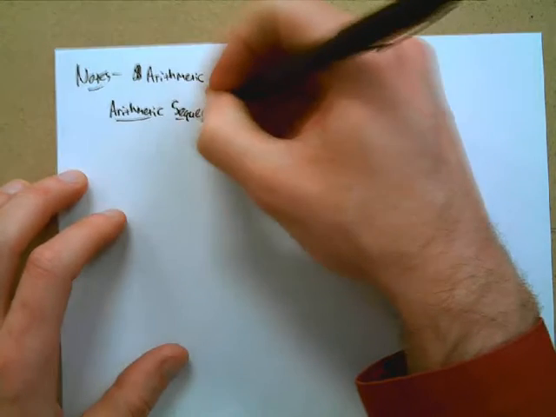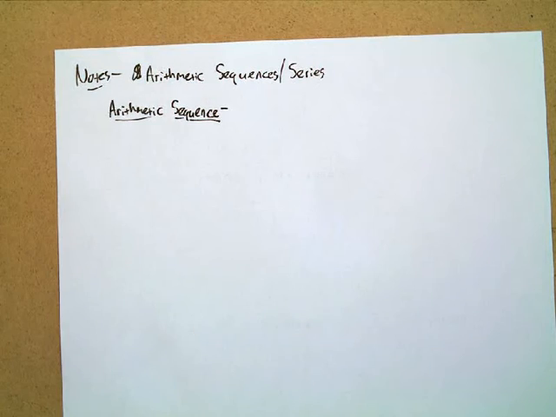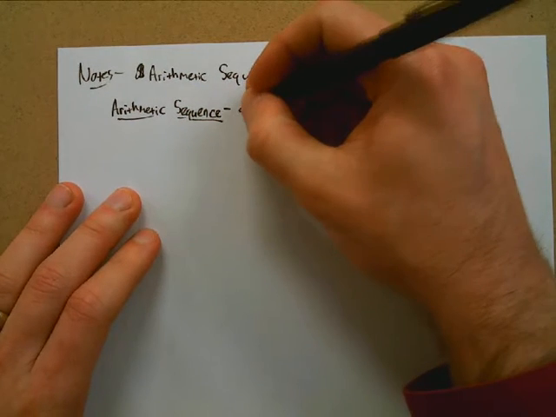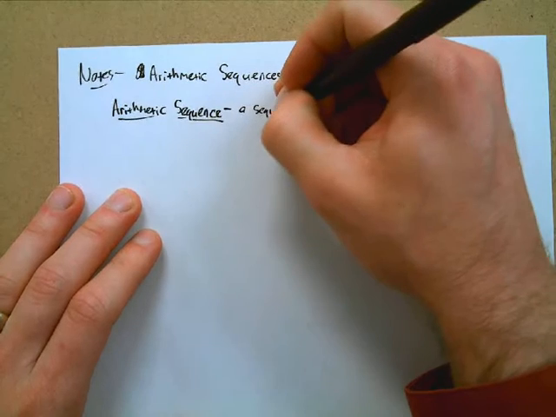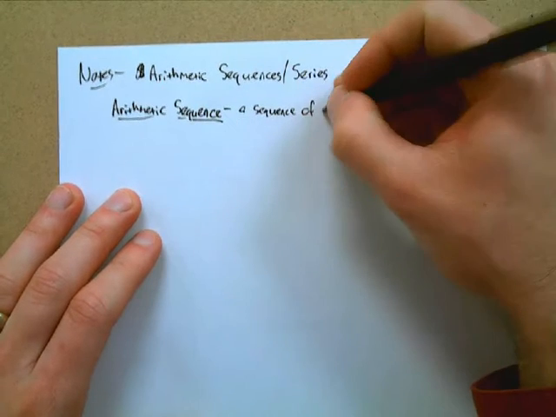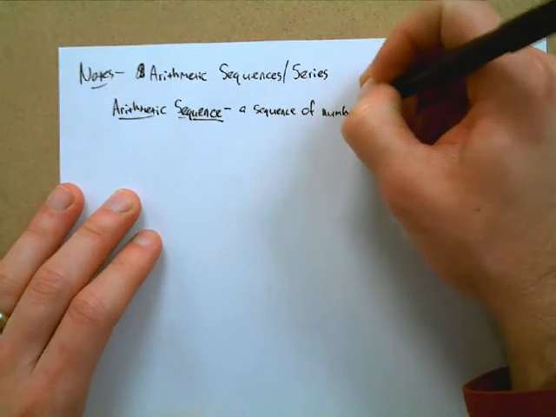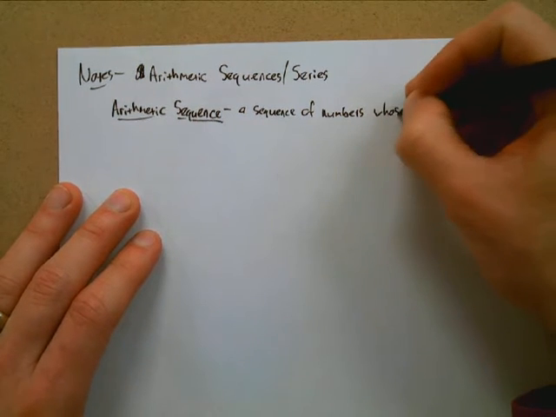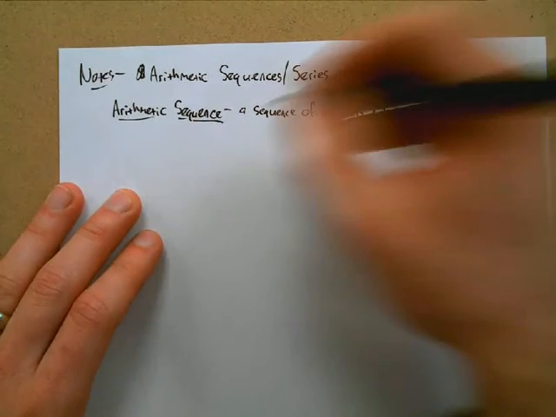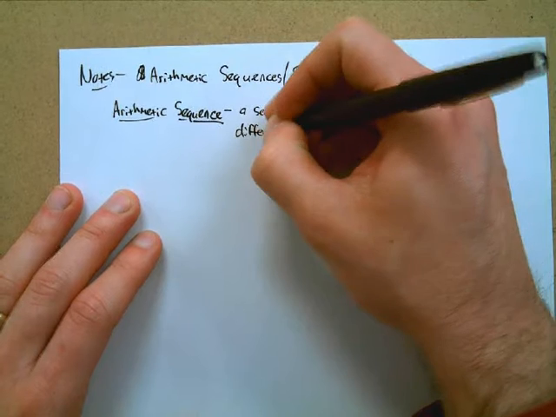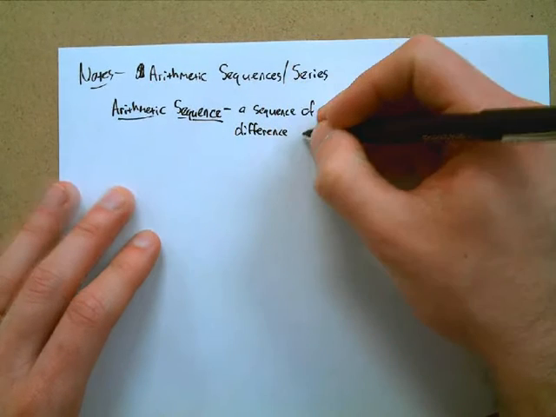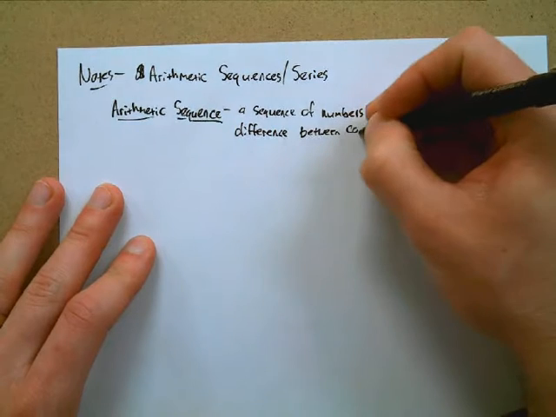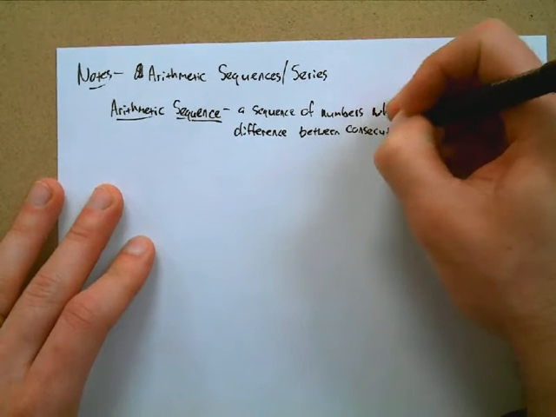Okay. An arithmetic sequence is a sequence of numbers whose difference between consecutive terms is constant.